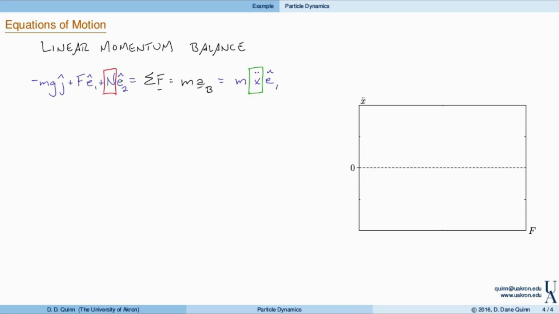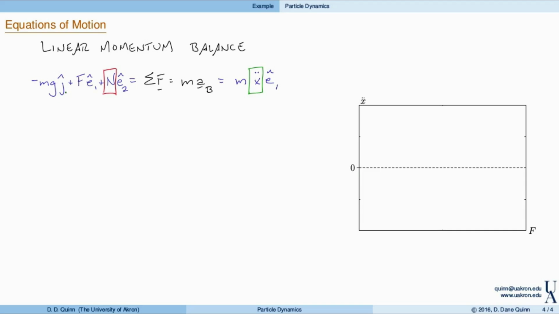So in particular, N will have no contribution to the E1 component, while x double dot will have no contribution to the E2 component. And that will lead to algebraic equations that are relatively straightforward, right? In fact, they're decoupled. However, if I were to take components in the I and j direction, then N would contribute to the I and the j direction because E2 has a component in the I and j, as would x double dot. So now these two unknowns would be mixed in the two directions.